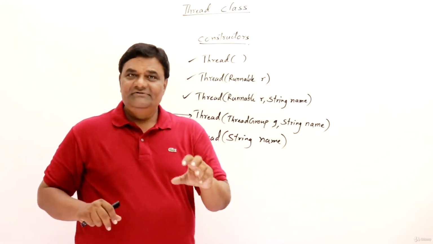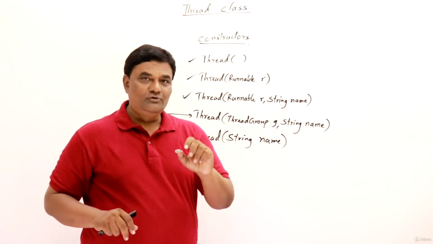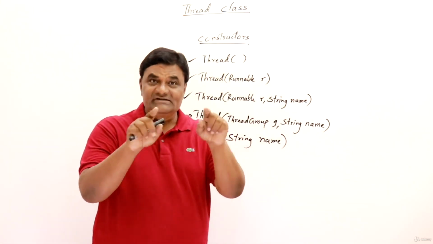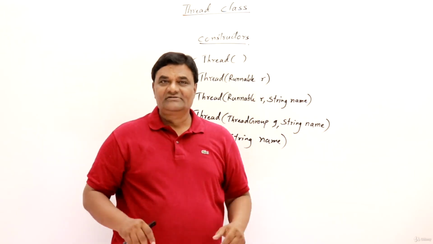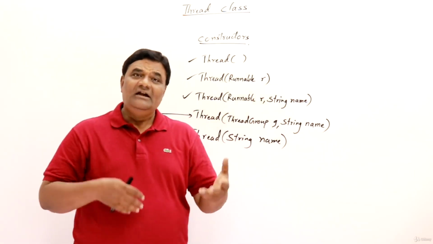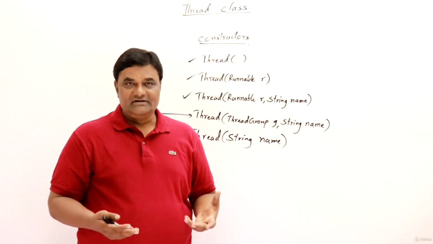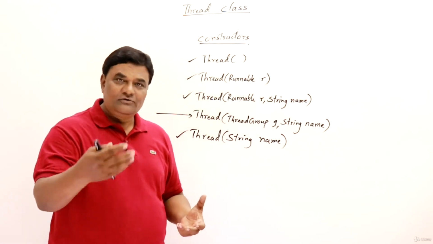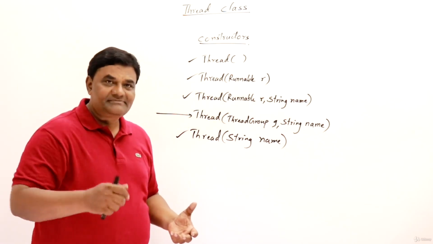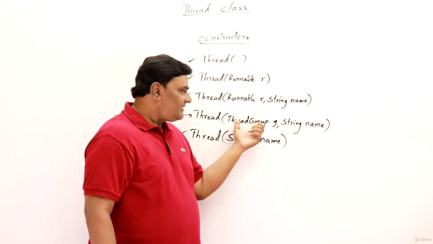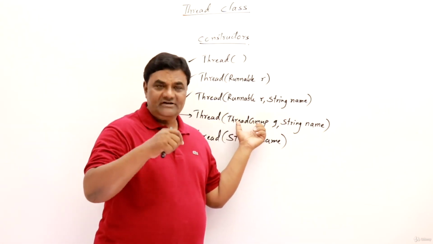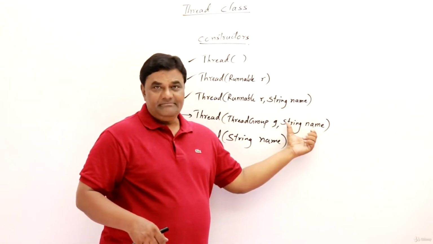You can stop all of them if they belong to the same group. Or if a user pauses that animation or game, then you can stop everything together. So if you put things in a group, you can manage all of them together. We'll see this thread group also in an example. I will explain what a thread group is and give a demo. So you can mention a thread group if you have one, and also you can give a name.